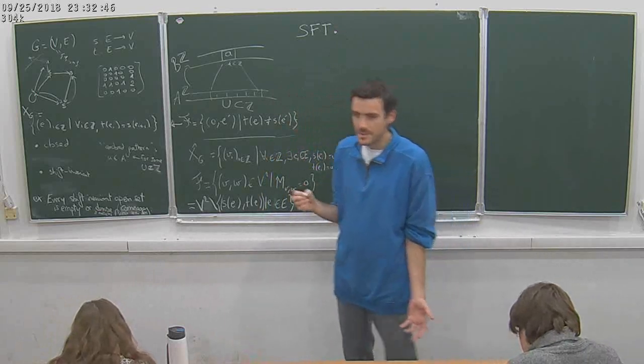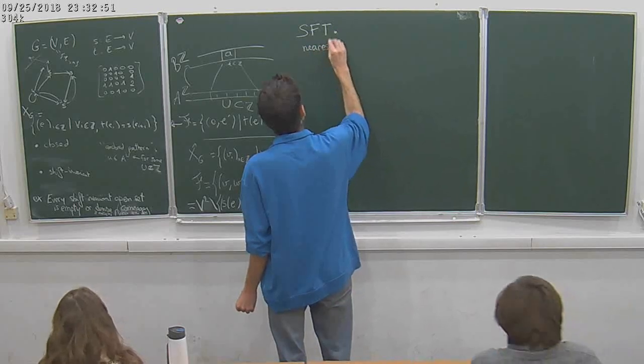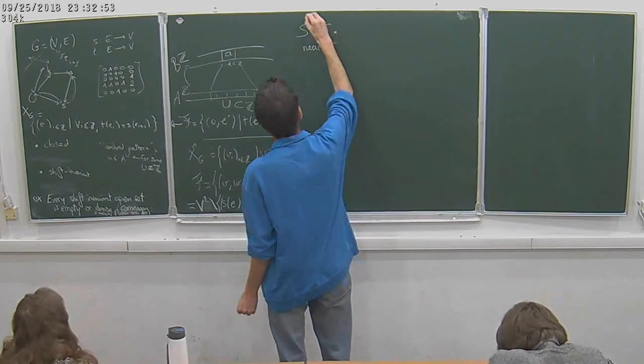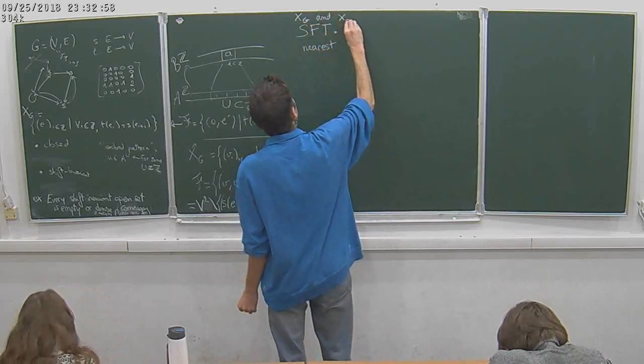And there are even what we call nearest neighbor subshifts.